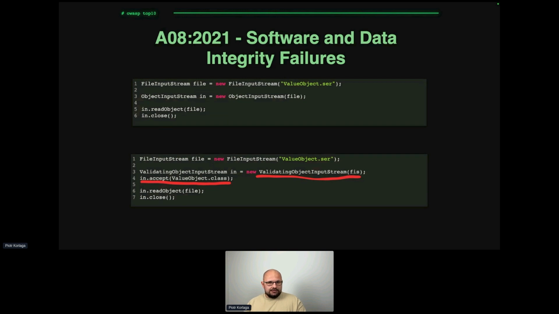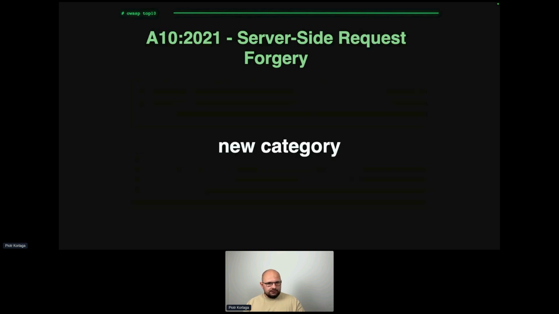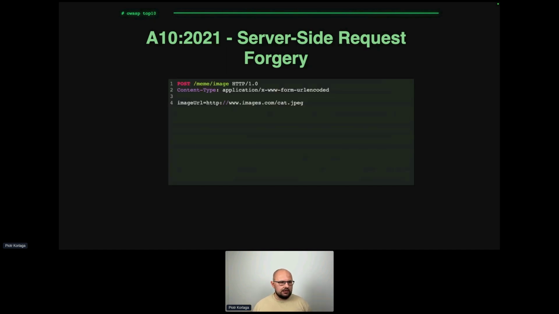All right, another new category, the last new one, server-side request forgery. So what is it? Let's imagine we have an API, right? And we are gathering information about cats, or basically funny memes with cats, some pictures of cats.